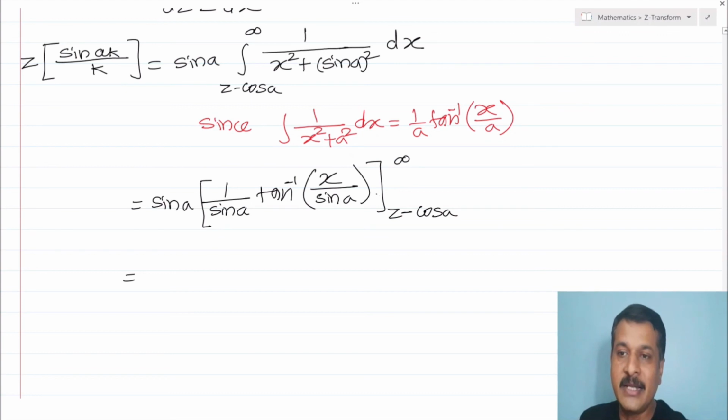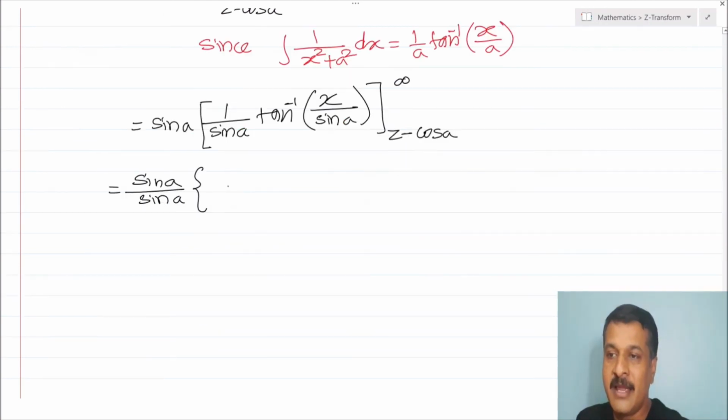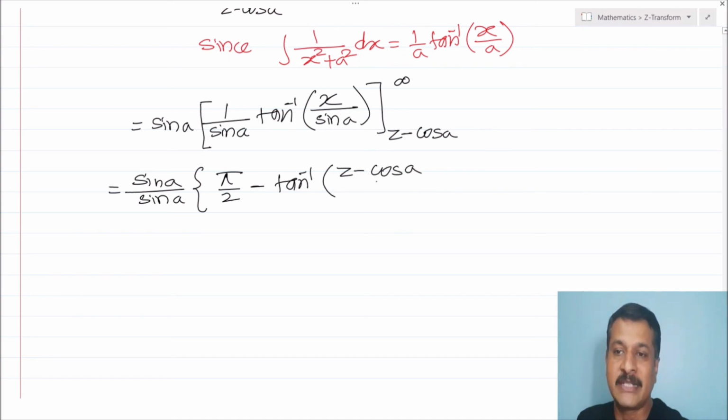So here these are limits for x, and sin A is outside, constant. So I can take here sin A by sin A, it cancels actually, and for the upper limit tan inverse infinity is pi by 2 minus the lower limit, that is tan inverse x replaced by the lower limit. So I am getting z minus cos A upon sin A as it is.